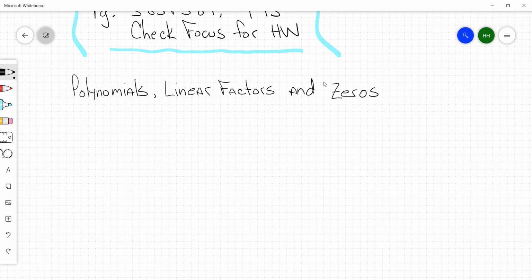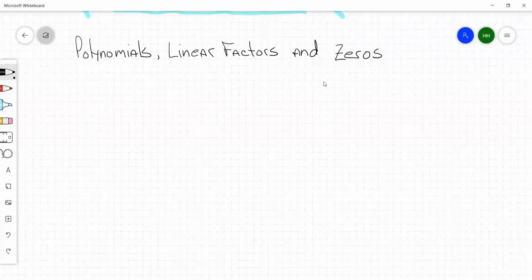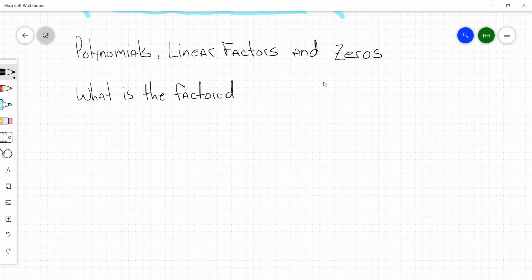And in the first part of your practice today, you're going to be asked to write a polynomial in factored form. The question you'll be asked is, what is the factored form of, and then you'll be given some polynomials.